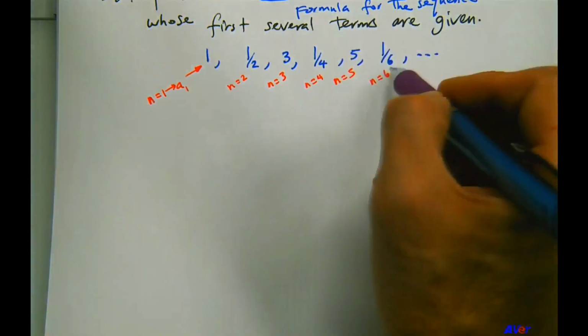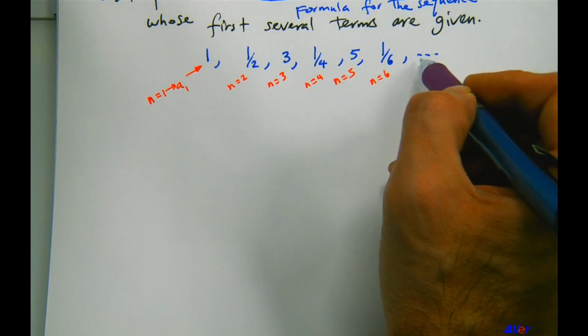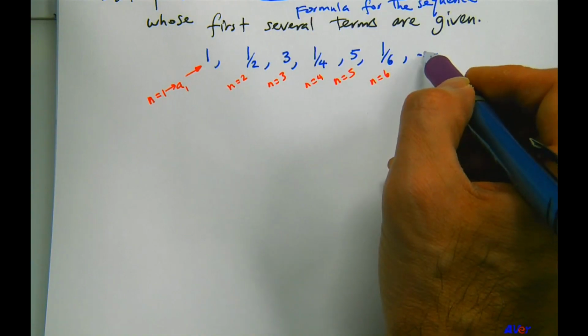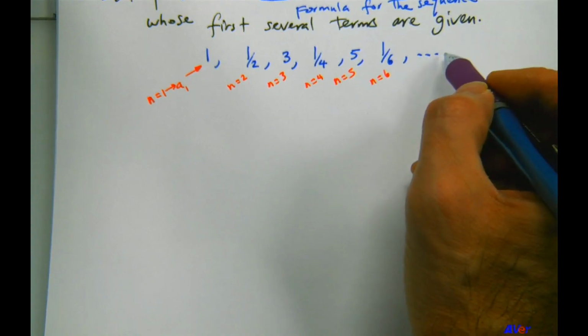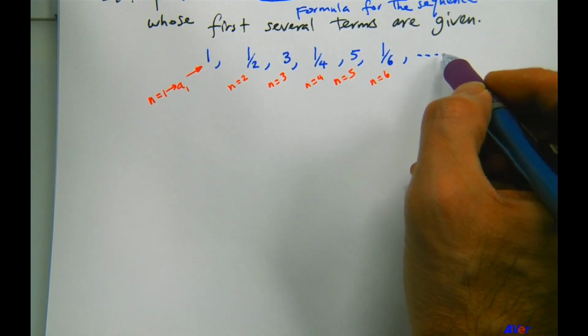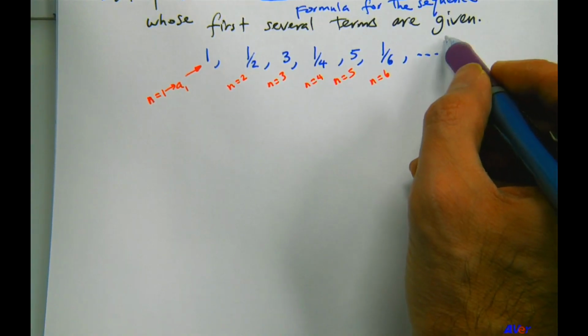So if I have n equals 7, which is not listed, that number would have been 7. If we had an 8th number, which is an even position, that number would have been 1 over 8.